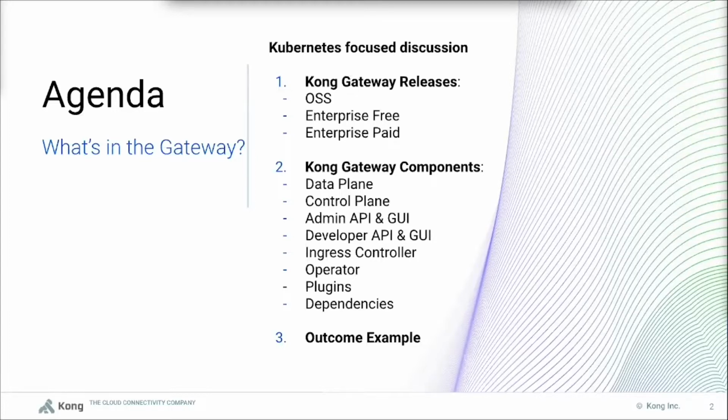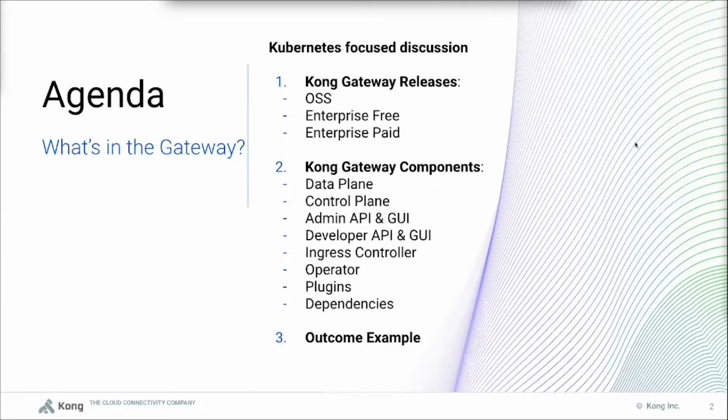And then the enterprise paid, where you actually take that product and enable the license on it, is when you get access to all of the additional plugins and integrations that that enterprise license entitles you to. But functionally otherwise, the enterprise free is the same as the open source core.